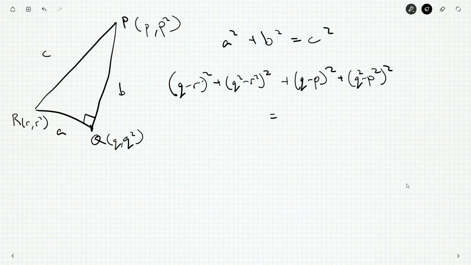Well, I'm going to actually rearrange this to be minus C squared equals 0. So minus, and then what's C squared? Well, it's (p minus r) squared, and then (p squared minus r squared) squared.